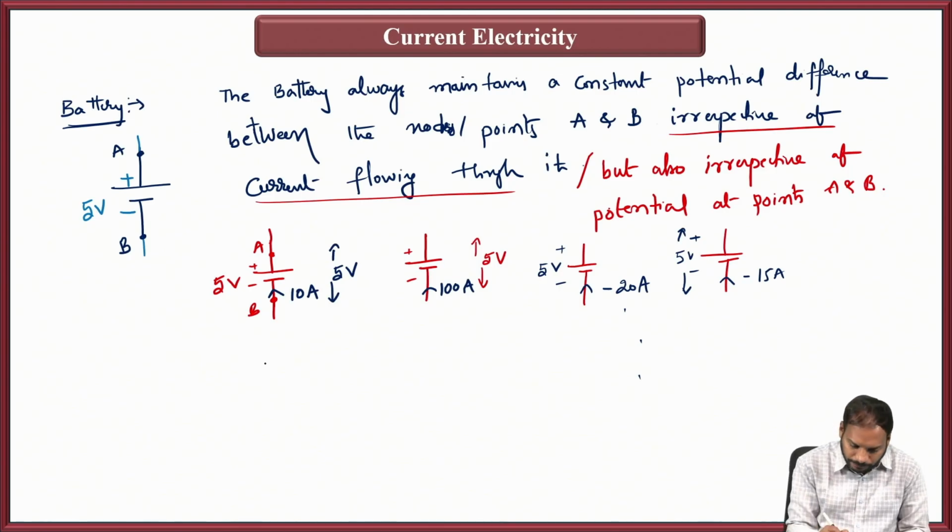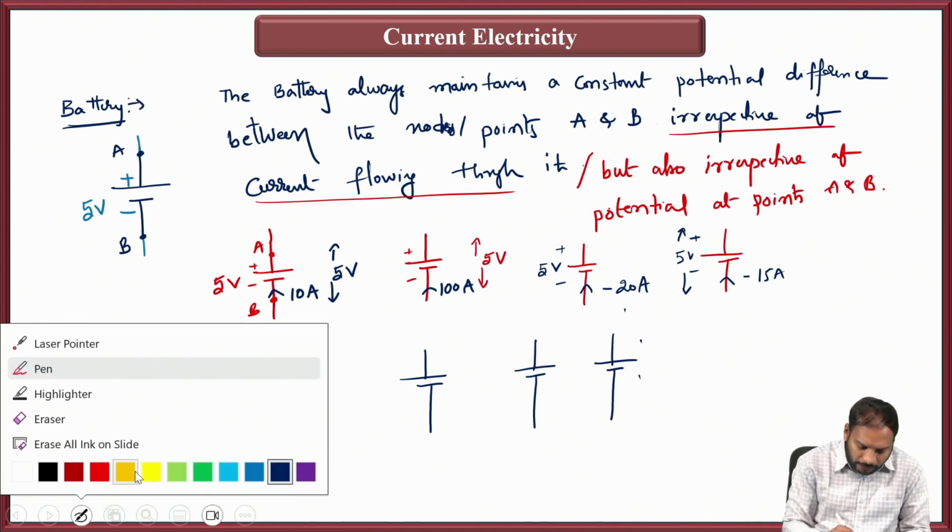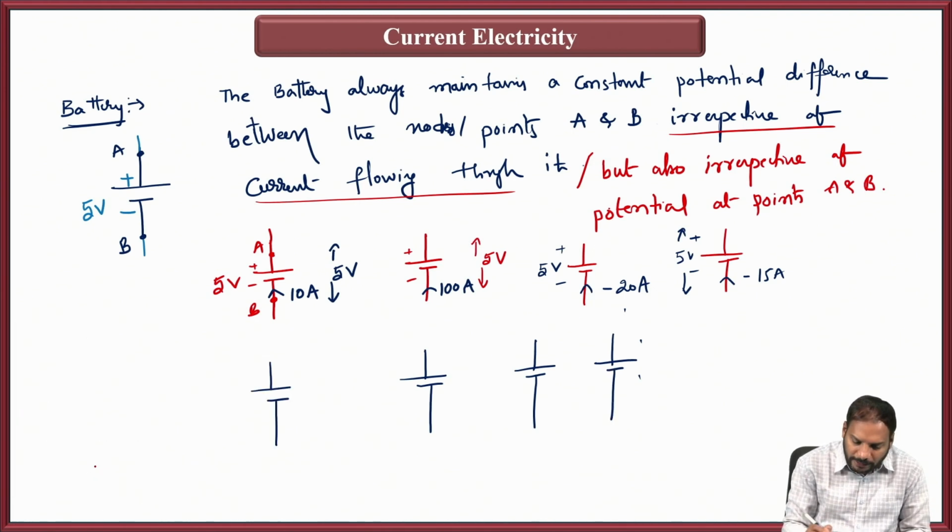Same example, same battery I'll consider, and I'll consider different potentials. How can I explain the different potentials? The potential at this point VA, if it is equal to 20 volts, then the potential at this point must be 15 volts.